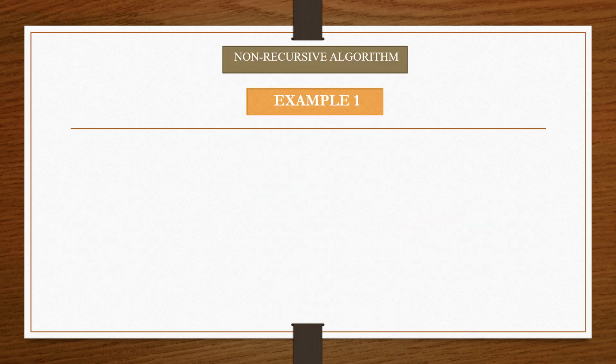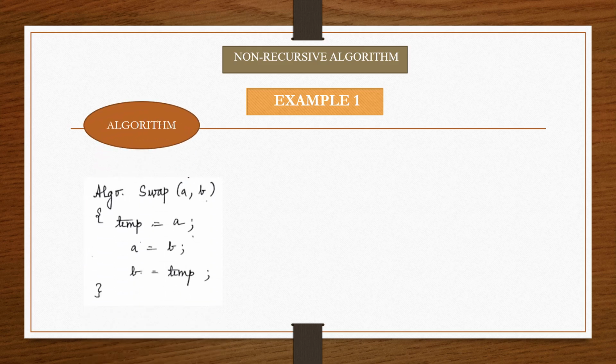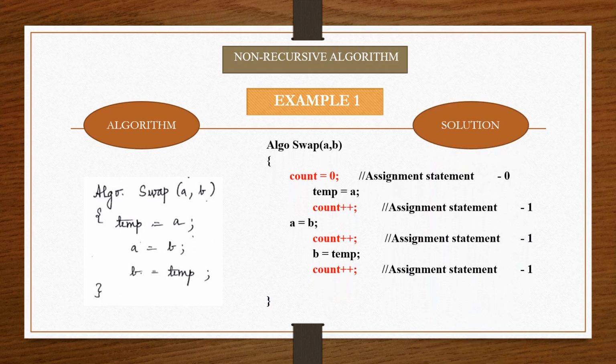We will try solving a non-recursive algorithm and find its time complexity. Here comes example 1. Here is an algorithm for swapping, and the solution is: in this algorithm there are 3 assignment statements. Before the steps are counted, we introduce a global variable called count and assign it the value 0.